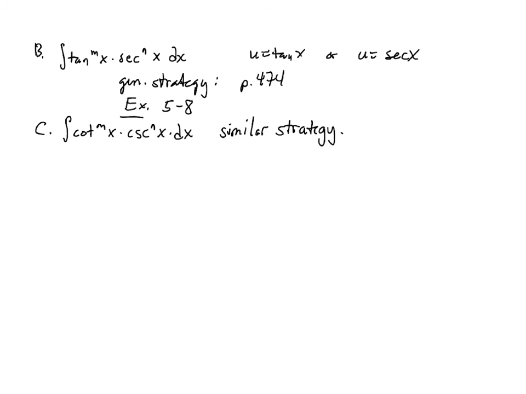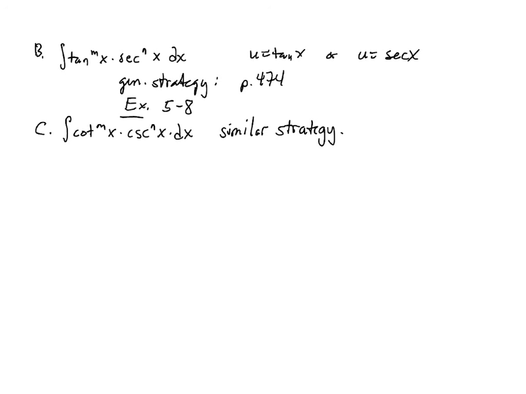Now what's true is that the strategy for these is similar to the strategy for part B, the tangents and secants. But let me show you how that manifests in an example. And for the example, we're going to need to recall a couple of formulas.